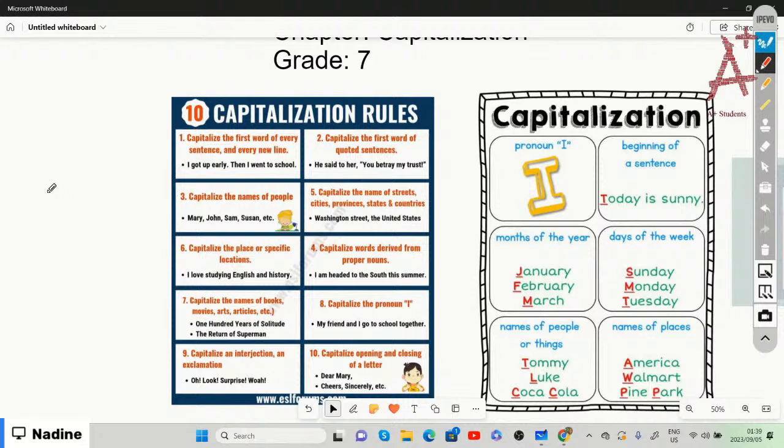So every time you go to a new line and start a new sentence, we capitalize the start of that sentence. We capitalize the first word of a quoted sentence, even. So if you are writing an essay or quoting or any form of quotation, we capitalize the first word of a quoted sentence.